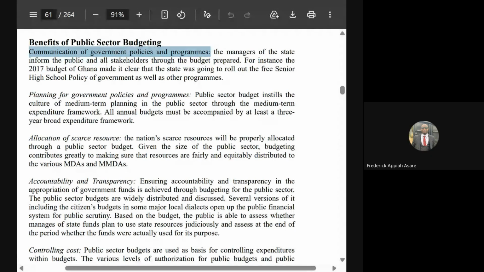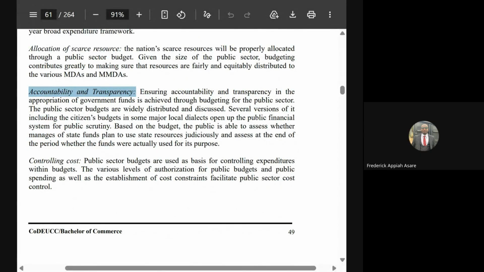So budget serves as a tool that the government uses to communicate these policies and programs to the public. It also serves as a planning tool for government policies and programs. It also ensures allocation of scarce resources, and ensures accountability and transparency for cost control purposes.